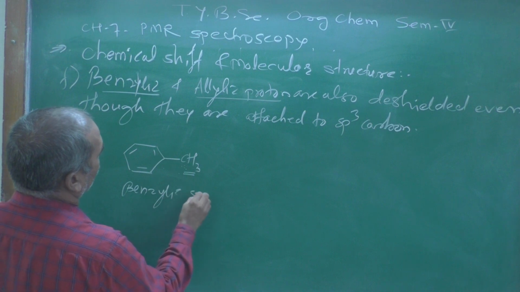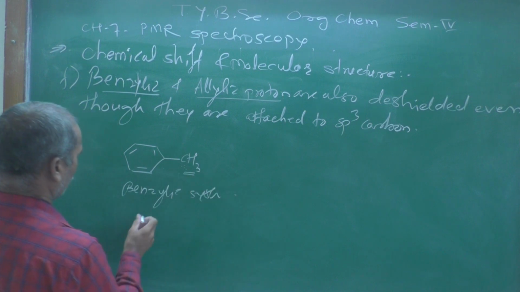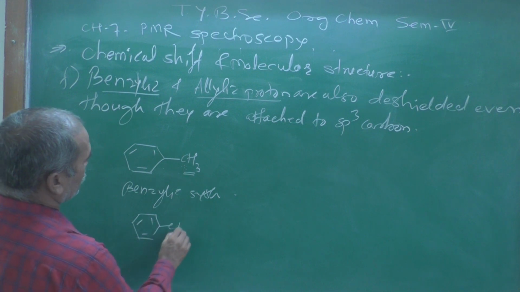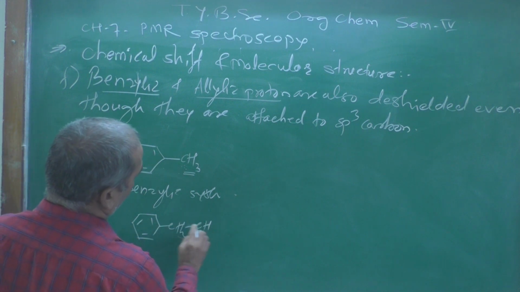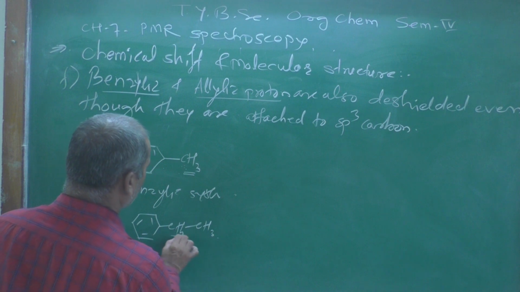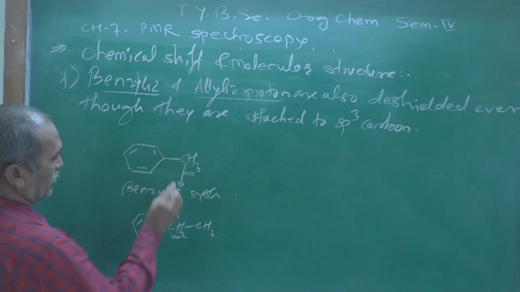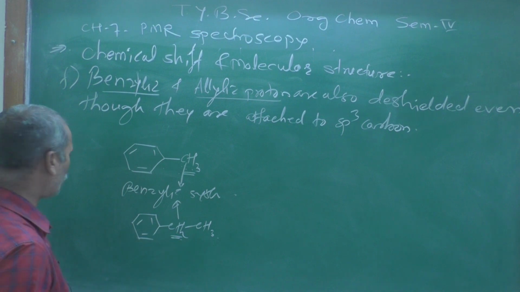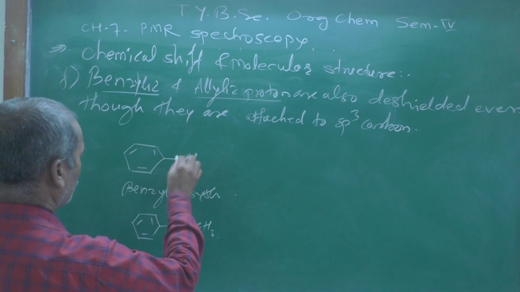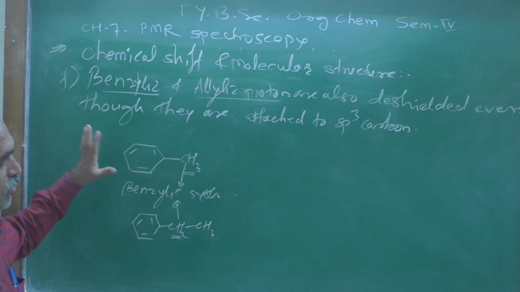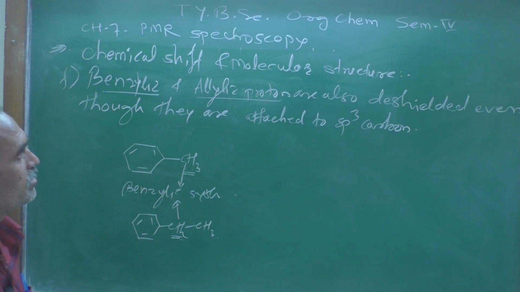You may write, suppose, CH2 then CH3, and this is known as a benzylic system. This is the methyl group, and here are the methylene groups, which are known as a benzylic system. Understood? First you know what we mean by the benzylic system.